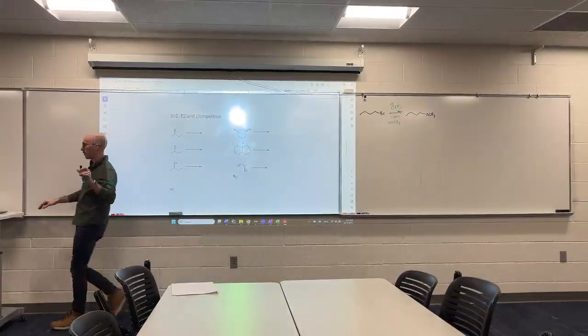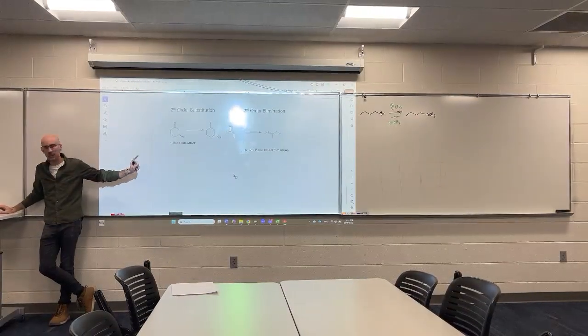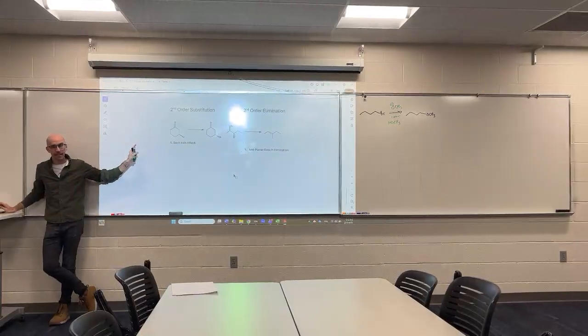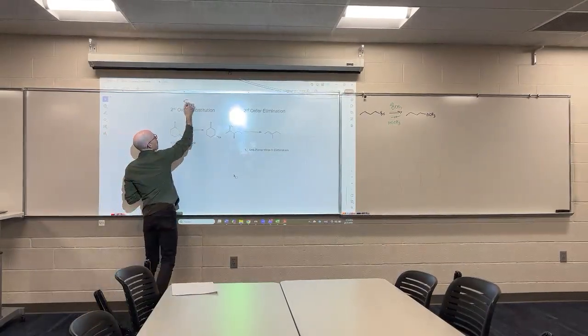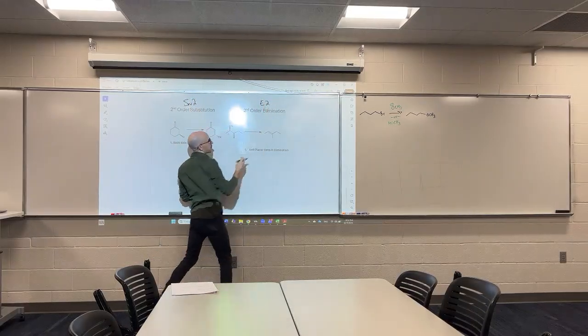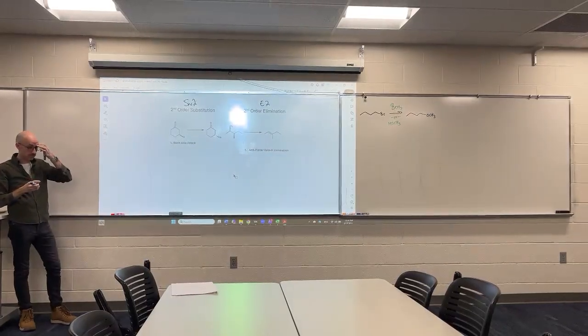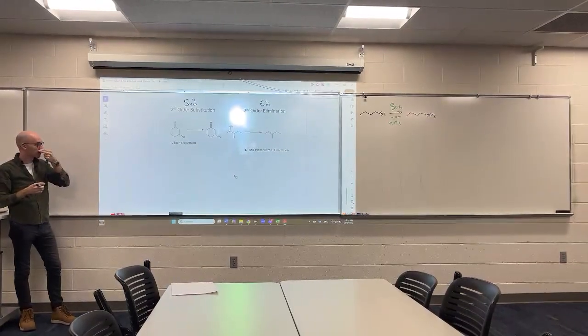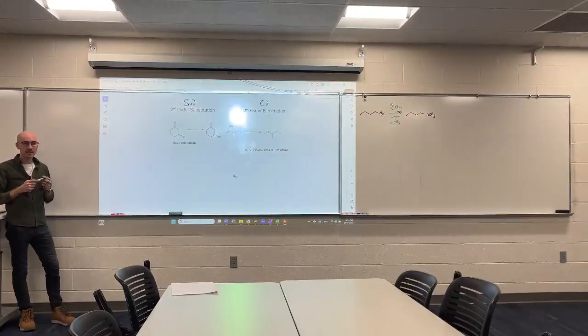I want to jump to the second page. Second order substitution, SN2, and E2. Look at the number of steps in these mechanisms.